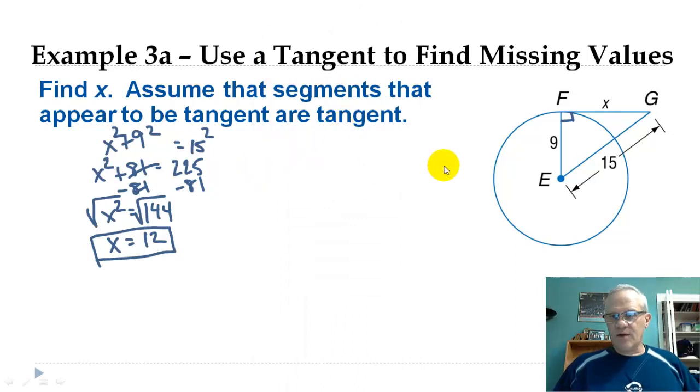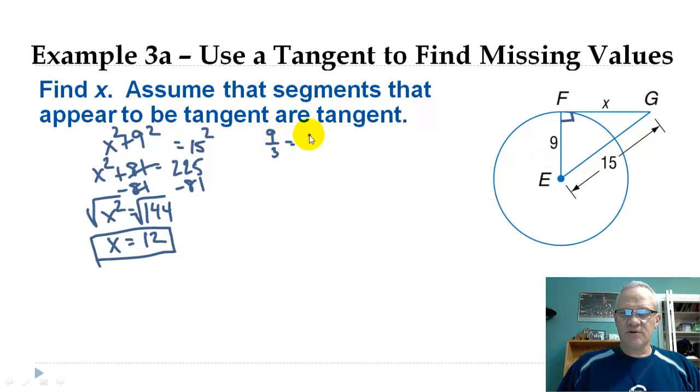Now, what you could have done here as well, we can always do the Pythagorean theorem here. But remember our Pythagorean triples, if you remember that from a few times back. So if you have 9 and 15, they can both be divided by 3. And so 9 divided by 3 is 3. 15 divided by 3 is what, 5?